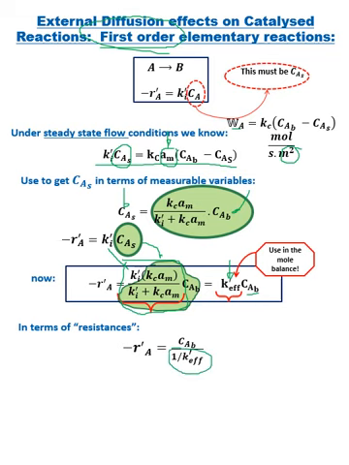We are going to use the analogy with electrical currents, where the rate of the current is equal to the driving force or the volts divided by a resistance. So make sure that you can see that the resistance in our case is 1 divided by my rate constant. That gives me the resistance to the rate.